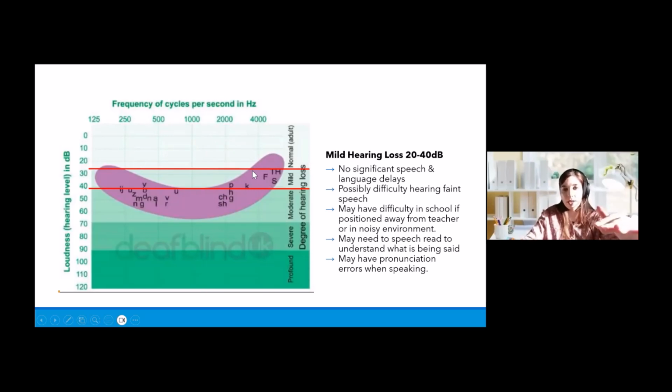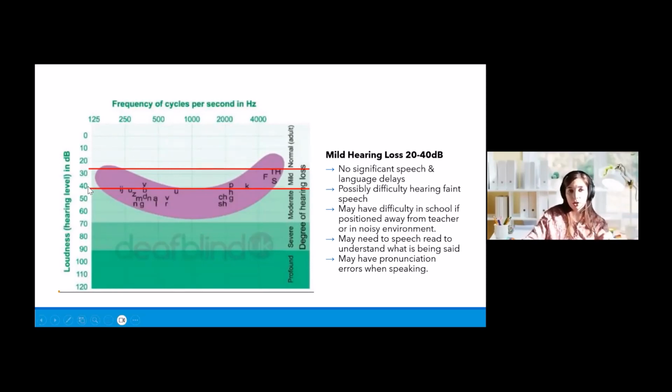They can hear everything from here down, but they can't hear anything above it. So if a child came into the clinic and had a hearing loss just at the red line, that probably wouldn't have a massive impact on their speech, because you can see all the speech sounds are lying below their level of hearing. So they have access to all those speech sounds. It is possible that they might have difficulty hearing some faint sounds, but it's likely they'll be fine.